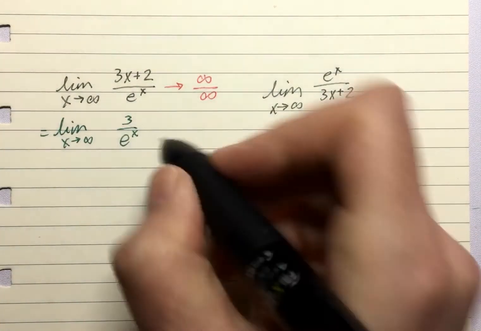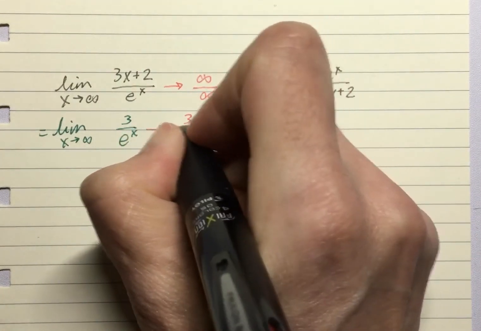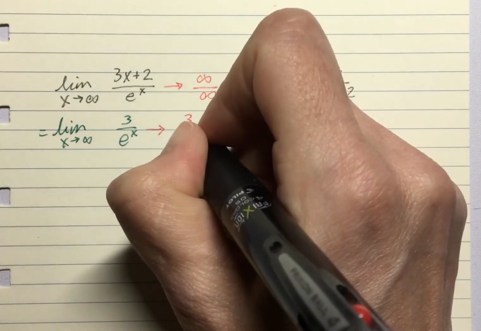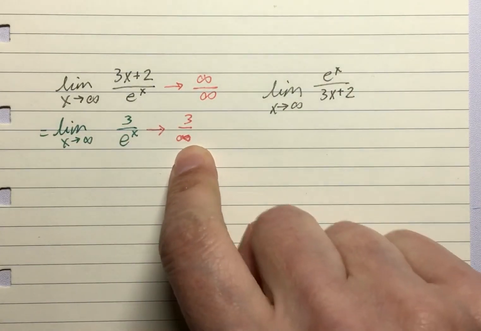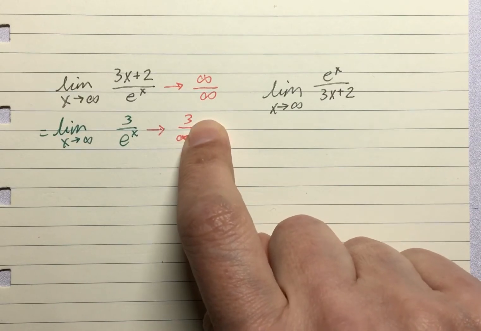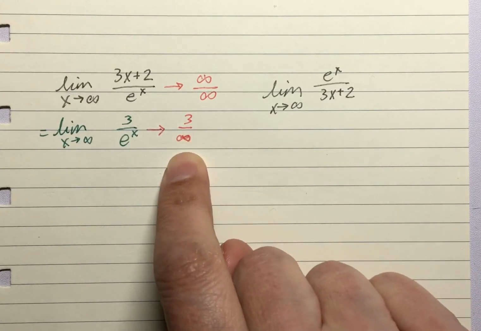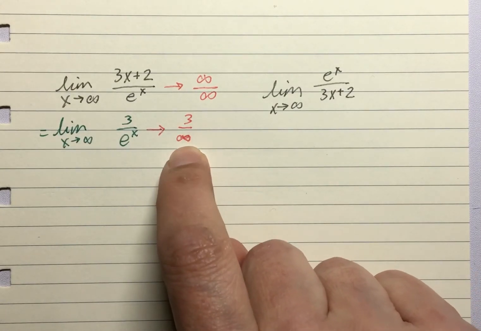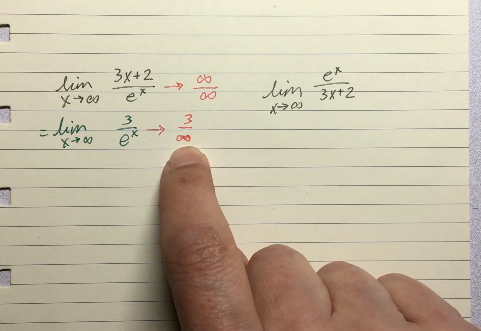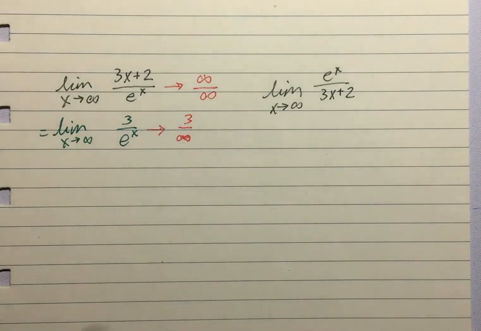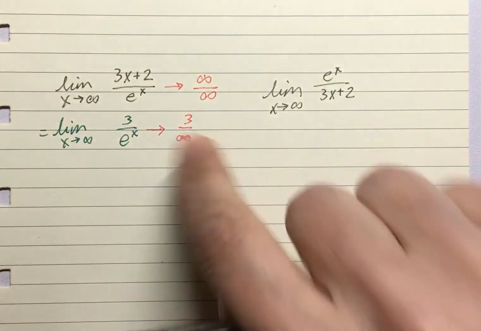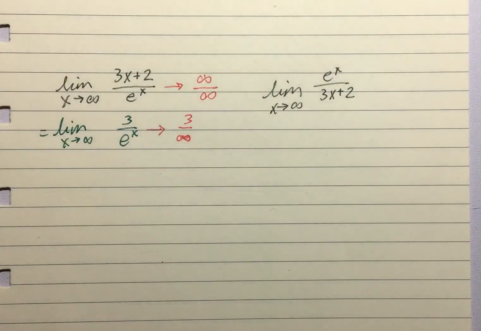So if I take my limit, I get 3 over infinity. Okay, 3 divided by something really big. That's like saying we have 3 cookies divided by the population of the world. I know 7 billion is not infinity, but it is a pretty big number. You'd get no cookie, right? So if you see a finite number divided by an infinity, that is a 0.